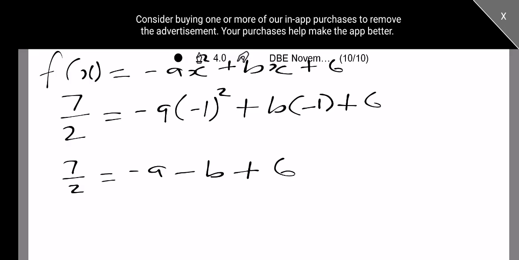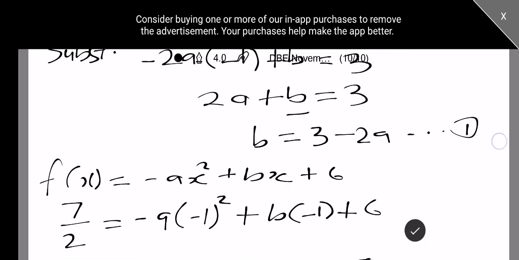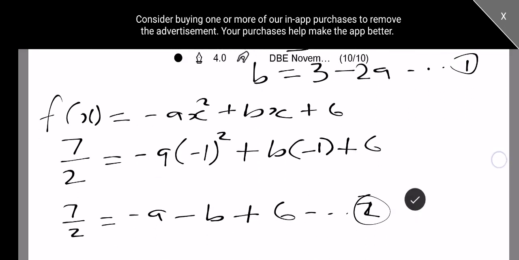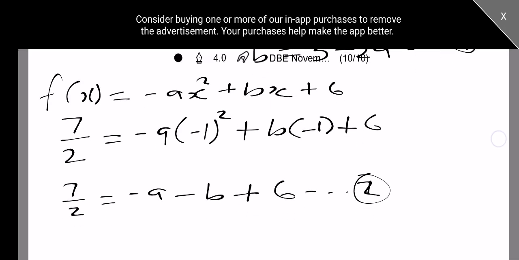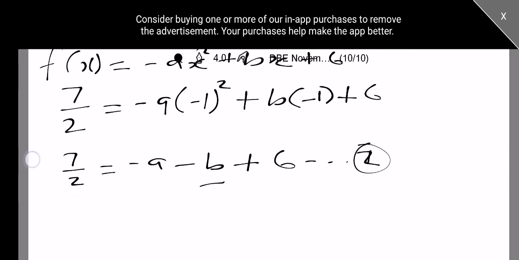So okay guys, let's make this our equation 2. Remember this is our equation 1. Now we can substitute, or since the coefficient of b in this case is just -1, let's make b the subject of the formula.